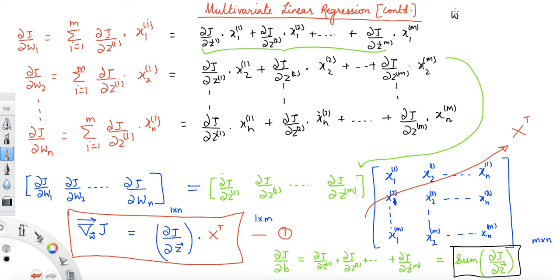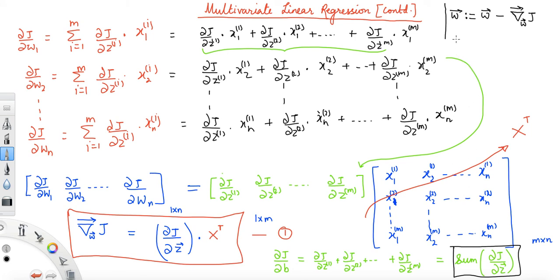We have the w vector, so the w vector is updated as w vector minus alpha times the gradient of J with respect to w vector. So the gradient of J is this one which we already calculated using this equation. So this is the gradient descent equation for the update of the w vector.